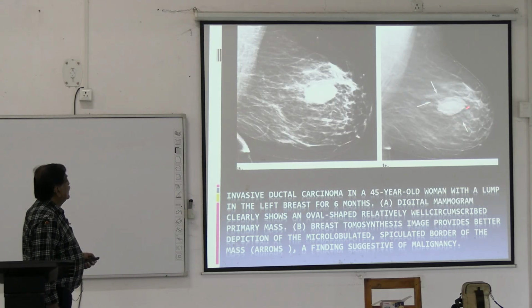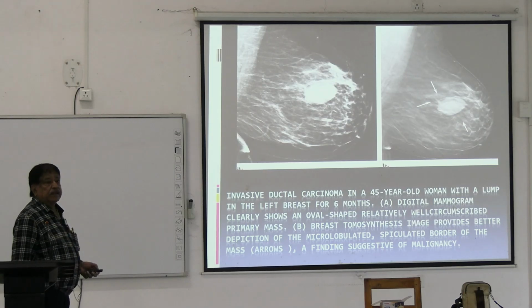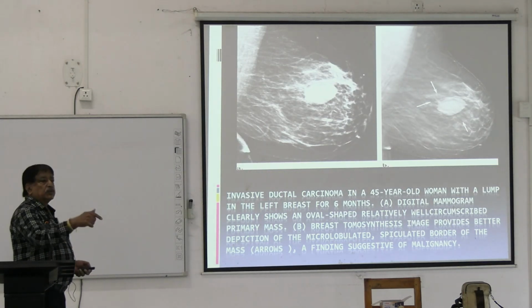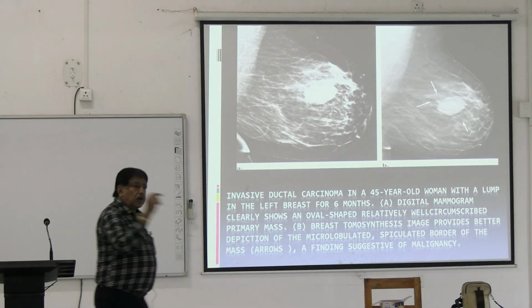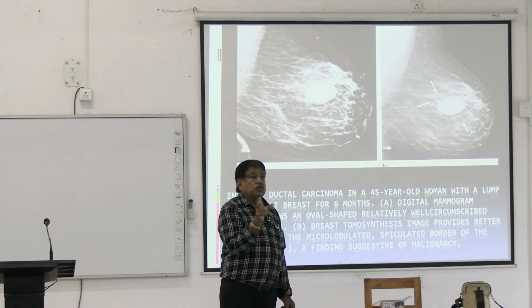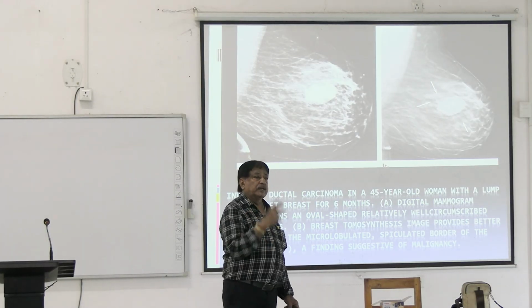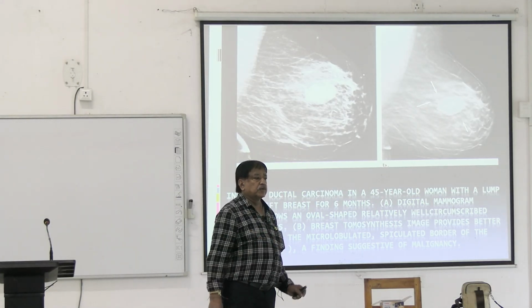This is spicules, a finding suggestive of malignancy. Plus you do a true cut biopsy or FNAC. If they are not conclusive, then go for a small excision biopsy, or you remove the mass and send it for histopathology.